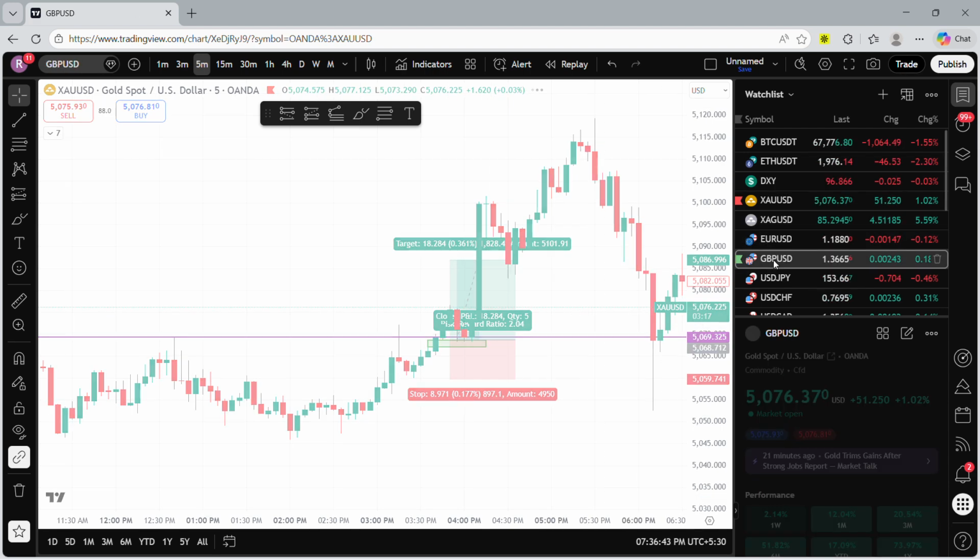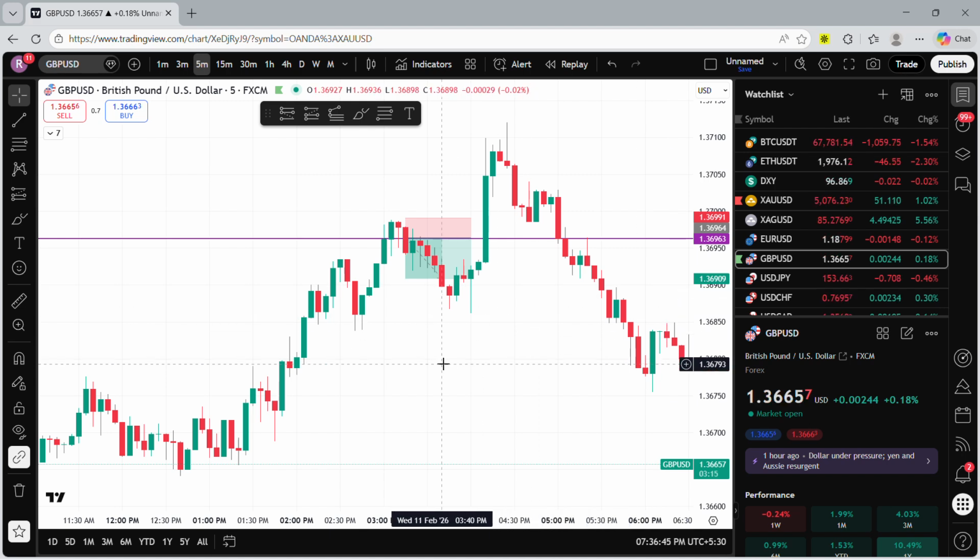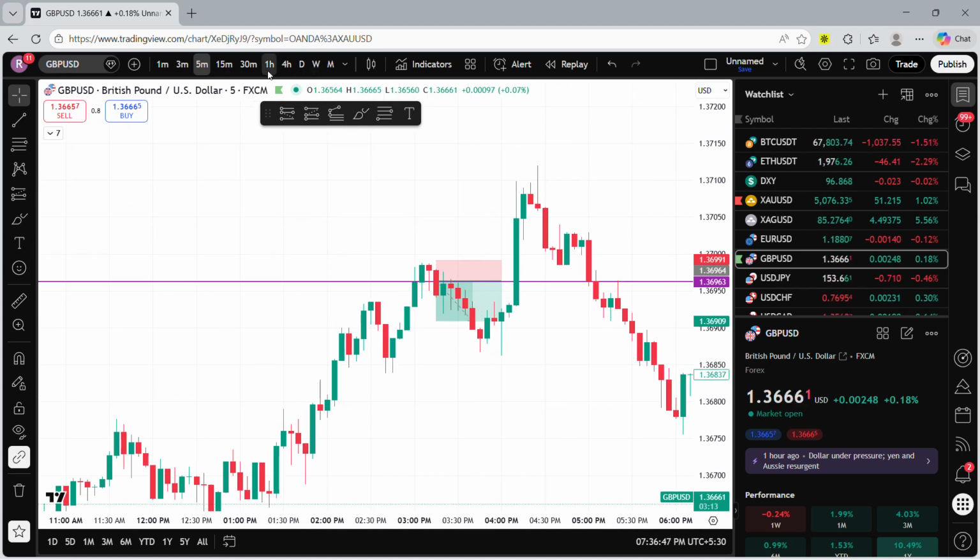Now moving to the GBP trade. In this I used a different strategy. Here I used a liquidity sweep strategy. Basically, what is the liquidity sweep strategy? In all your external liquidity points, that is, let's say your Asian high low, your London high low, your New York high low, there will be a lot of liquidity happening, and there will be a lot of trades which are, for example, let's say this is the New York high.